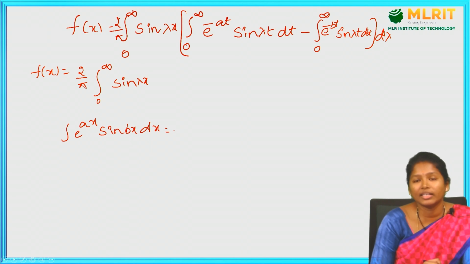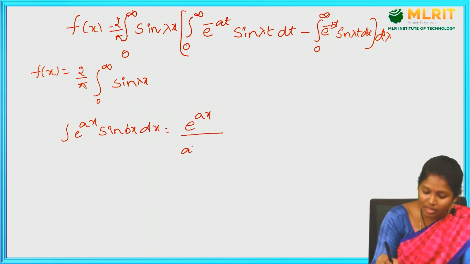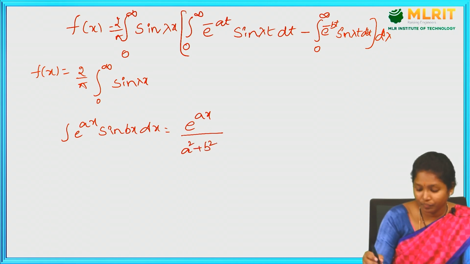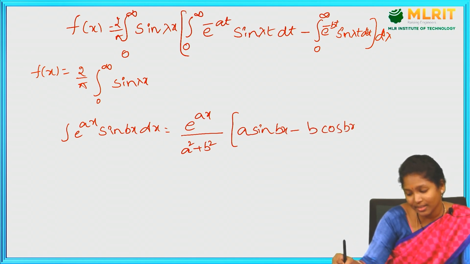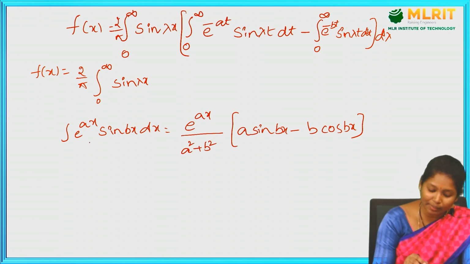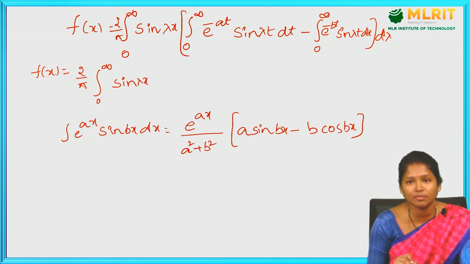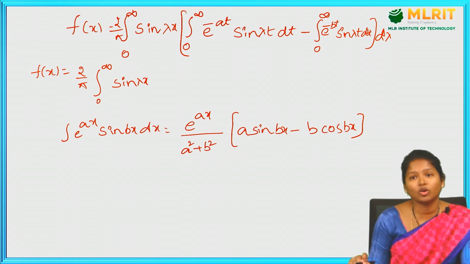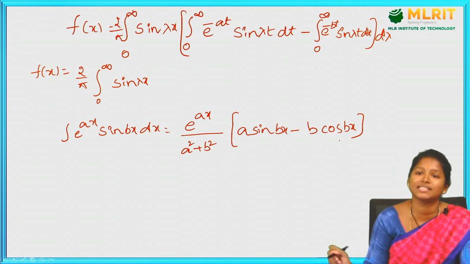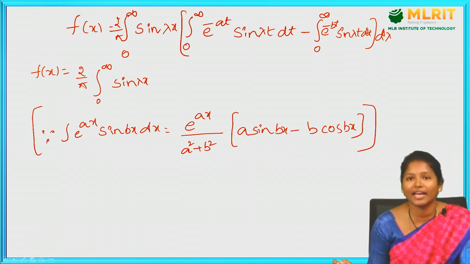So the formula for integral e power ax sine bx dx is e power ax by a square plus b square, a sine bx minus b cos bx. Suppose if you get e power ax cos bx, the formula will be e power ax by a square plus b square, a cos bx plus b sine bx. For cos we will get plus. Okay. This is the formula for integral e power ax sine bx.